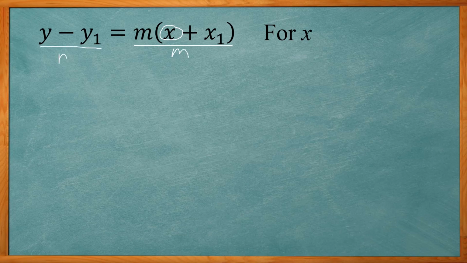So divide both sides by m. I have y minus y1 over m equal x plus x1. And since those are the only things on that side, I don't need the parentheses anymore. And then to get the x by itself, you subtract the x1.